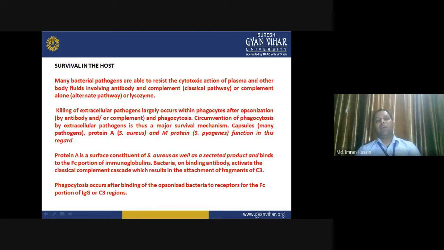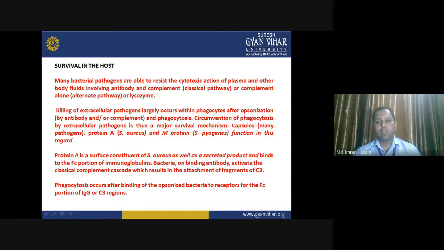So, survival in the host. Many bacterial pathogens are able to resist the cytotoxic actions of plasma and other body fluids involving antibody and complement in a classical way, or complement alone in an alternate pathway, or lysozyme. Killing of extracellular pathogens largely occurs within phagocytes after opsonization by antibody and or complement, and phagocytosis.